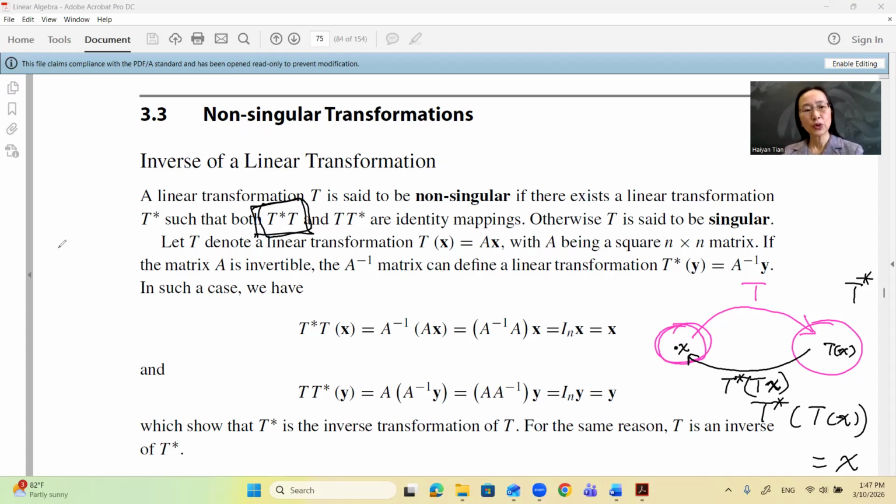You see, for whatever input X you have, you still get X. So that is the identity mapping.